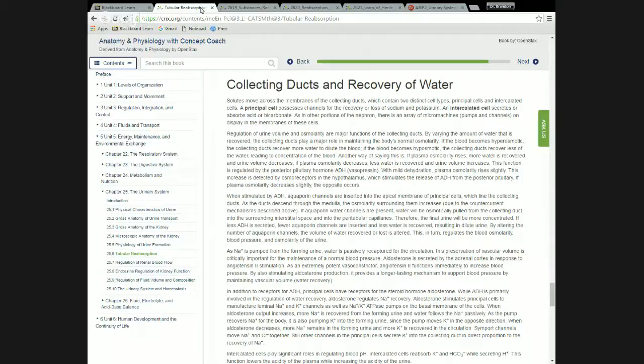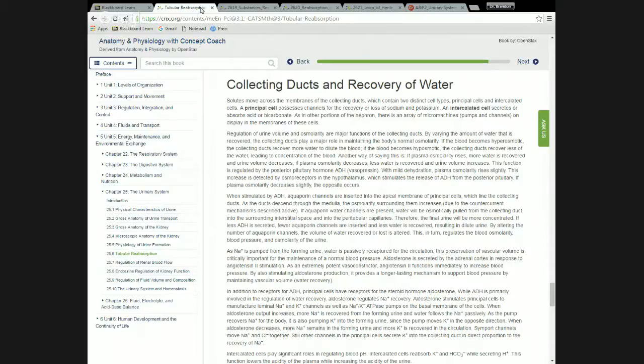Now this happens in the collecting ducts. So we're past the nephron. The loop of the nephron is where we concentrate the urine to be just waste products, and we're regulating what electrolytes and other things we want to keep and what we want to get rid of.